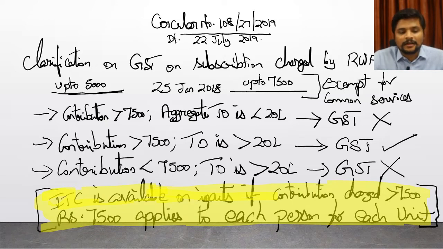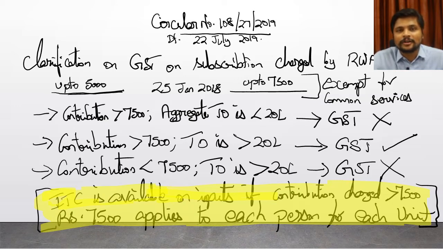In all these scenarios, we then have another question on the availability of input tax credit. The answer given by the circular is that input tax credit is available on inputs if the contribution charged is more than 7,500 rupees. So what does this mean? If you have the output tax liability, then only the input tax credit can become eligible. If the contribution is less than 7,500 rupees, you will not have any GST liability or output tax liability.